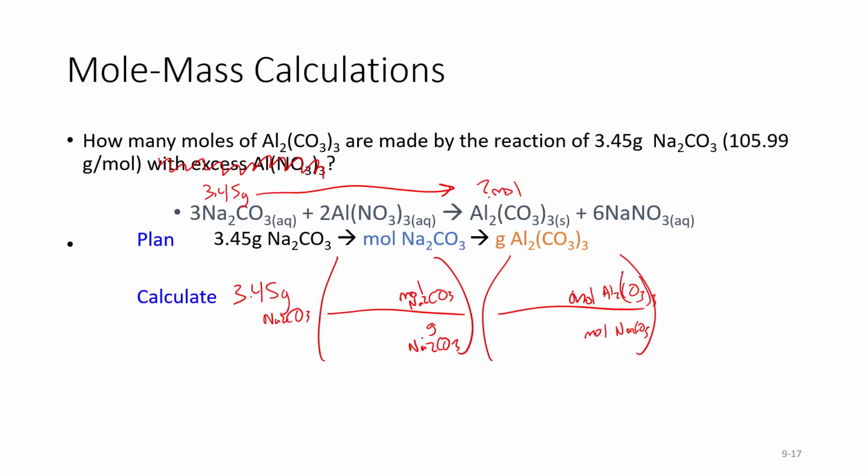So, grams to moles of the same substance, 1 mole is equal to calculated mass from the periodic table. Moles to moles of different substances, we're going to use our coefficients. There's a number 3 in front of sodium carbonate, and there's a number 2 in front of aluminum nitrate.